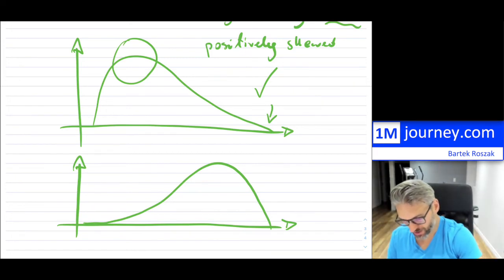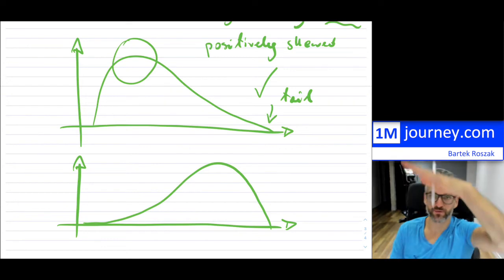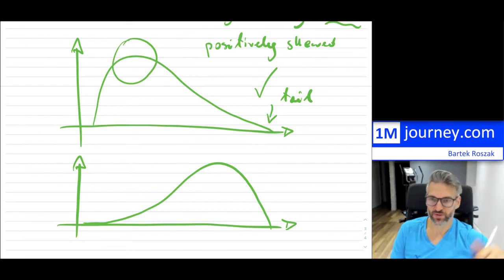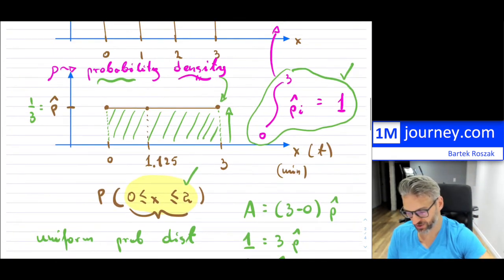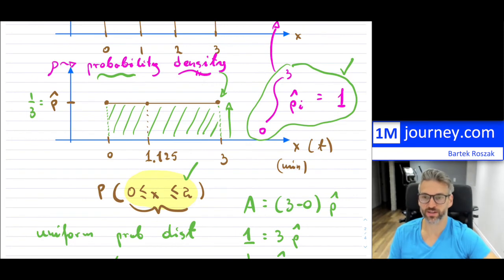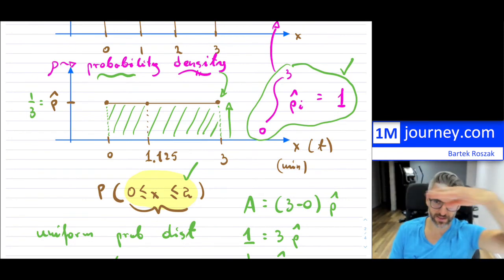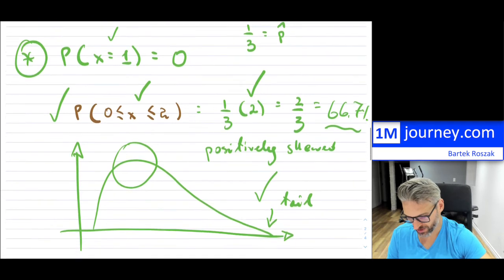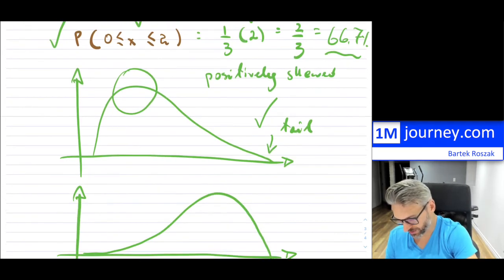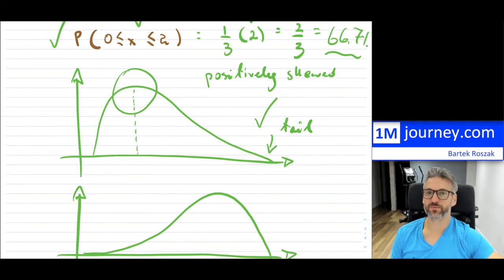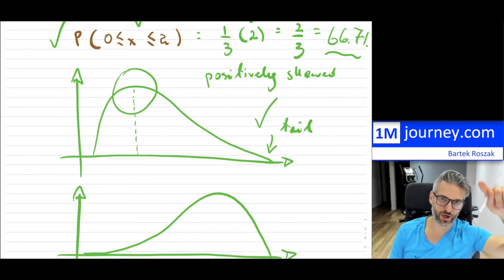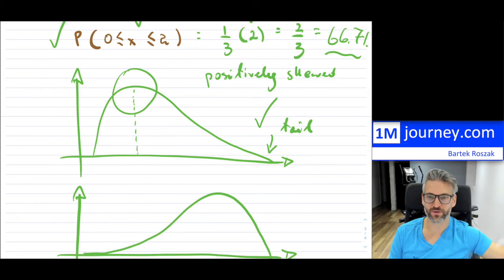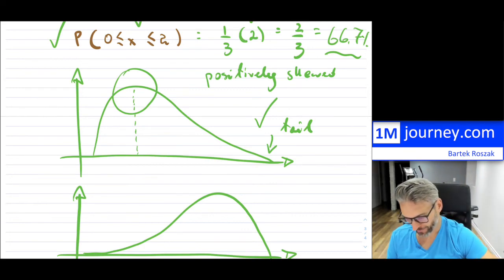If you ever see that, it's called a tail, skewing off. We really didn't have any tails in this uniform distribution, right? It's just uniform because it's the same throughout. This one is not the same. Typically this area right here is much more likely to happen, and then it's much harder as you go off.